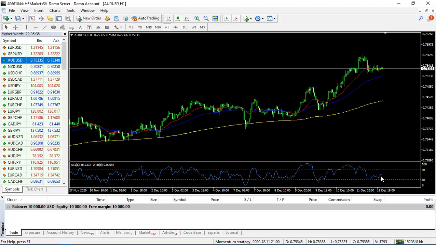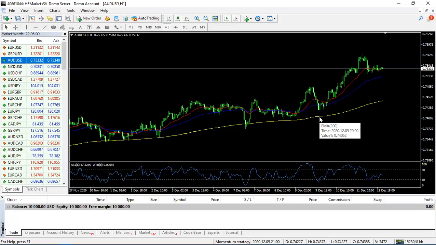It doesn't really matter whether the market is overbought or oversold. I don't believe any forex market can be overbought or oversold. Okay, you can do your research on that. So you want to look at the direction the RSI is pointing towards when the trade is about to be activated or when the trade is activated.